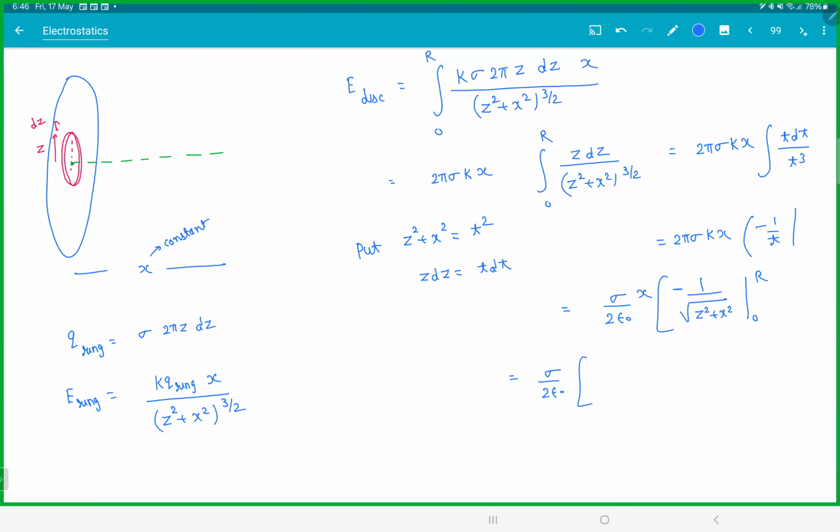Sigma by 2 epsilon. Again be careful, these are z limits. If you put z equal to 0, you'll end up with 1 minus x by root over z square plus x square. This is the field.